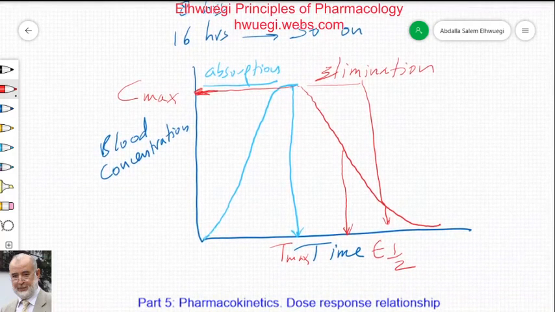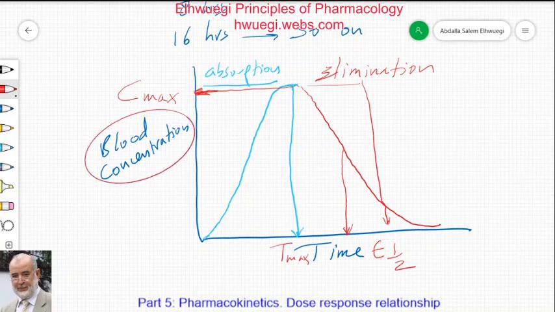So we have drawn the relationship between blood concentration and time. We see that blood concentration increases with time till we reach the maximum concentration, known as Cmax.